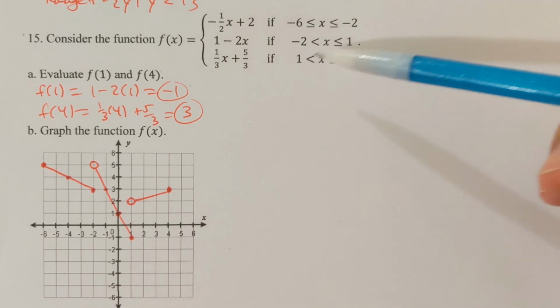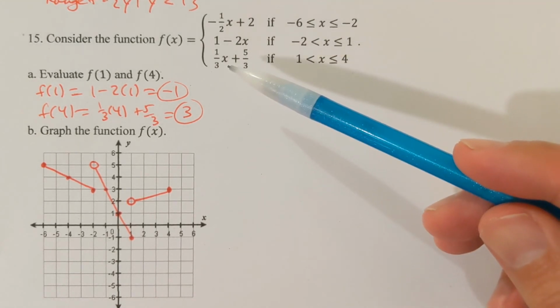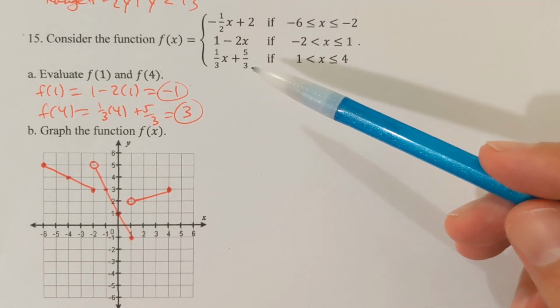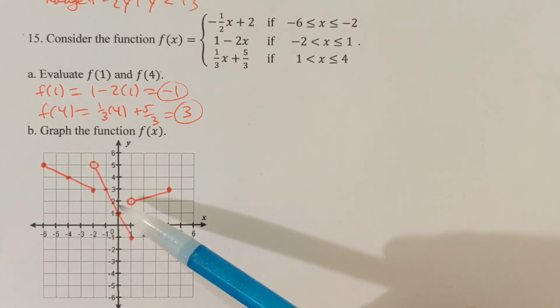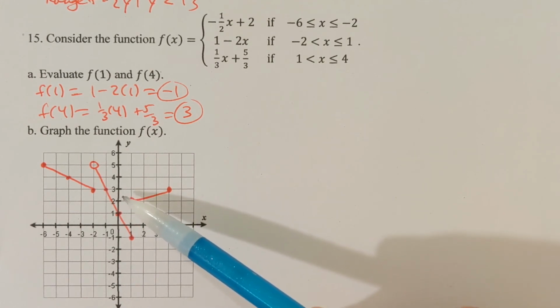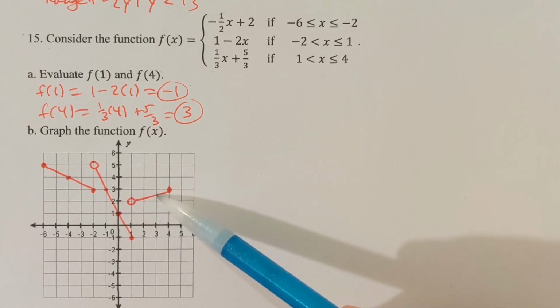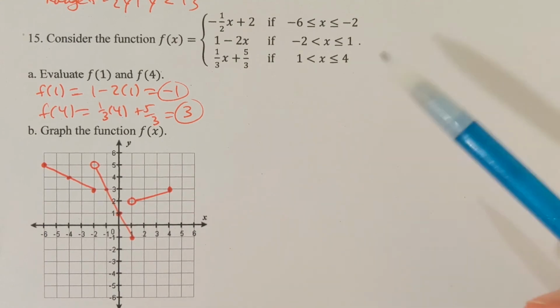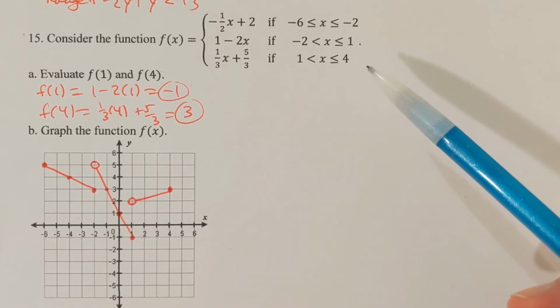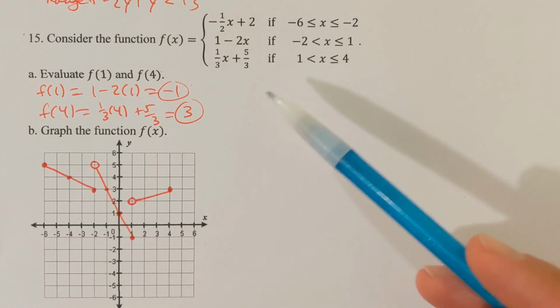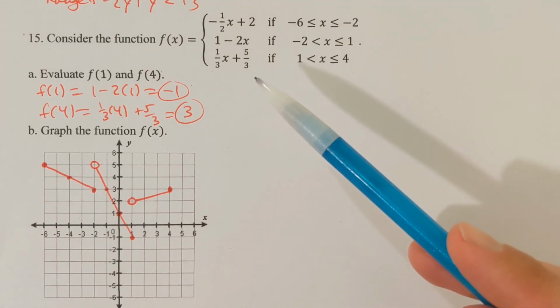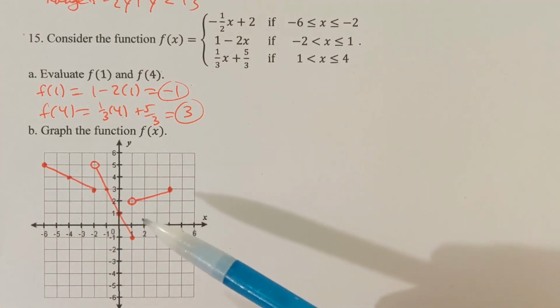Okay, and piece 3, y is equal to 1/3 x plus 5/3. Well, the 5/3 is less than 2, and that's where I'm going to start. And I go up 1 and to the right 3. That'll put me right there. Now I'm only between 1 and 4. So when x is 1, 1/3 plus 5/3 is 2.